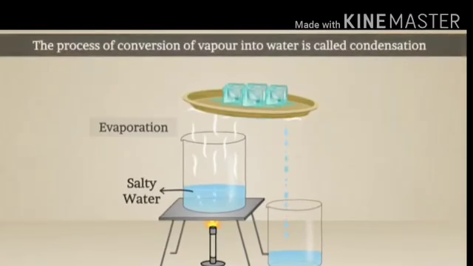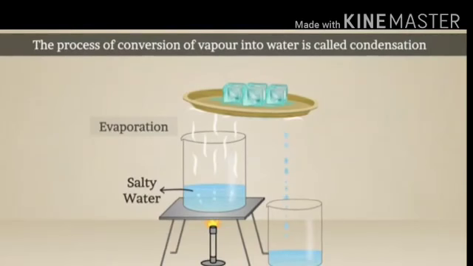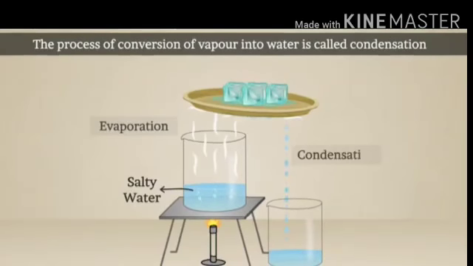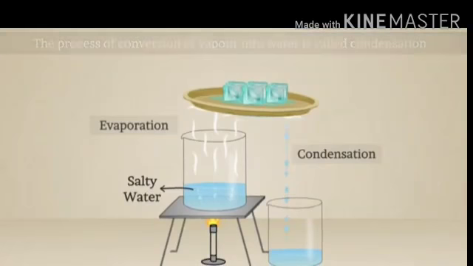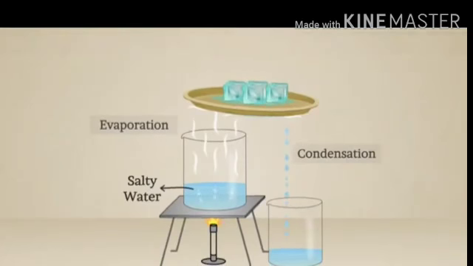If we want to collect the water from salty water in another beaker, for this we should collect all the water vapors in another beaker and cool those vapors so that all the vapors are converted into liquid state. This process is known as condensation.